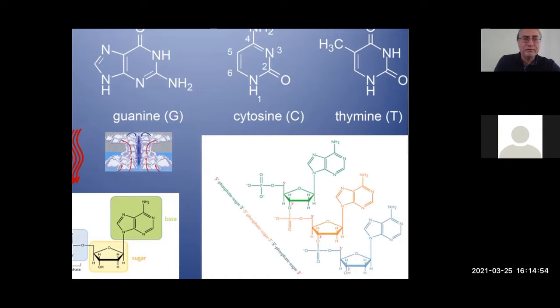All of these molecules have a very unique character. That is, they absorb light in the ultraviolet, particularly in the UVC, around 260 nanometers, and dissipate this light very rapidly into infrared light or into heat.